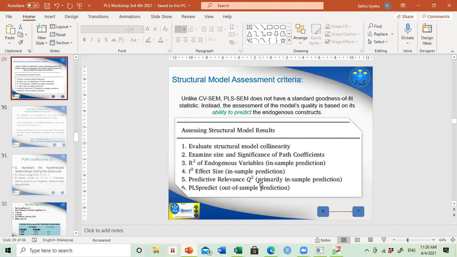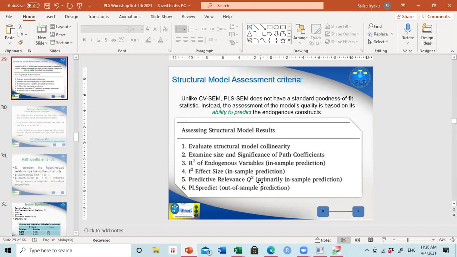Sir, should we report F square in formative measurement? Yes. Is it the same or is there a difference between formative and reflective for the R square and F square? We are not talking about the measurement model here.